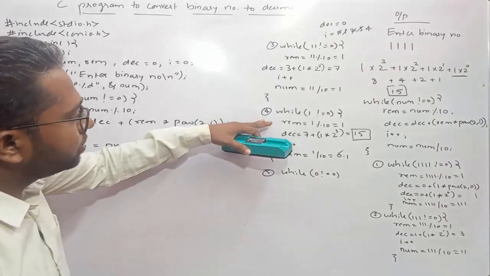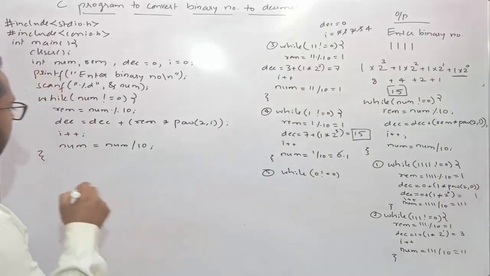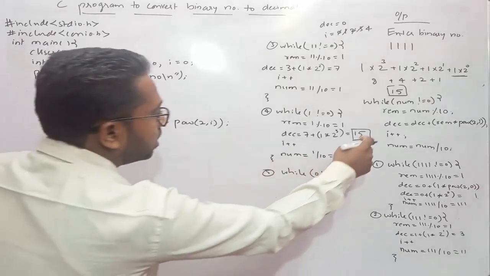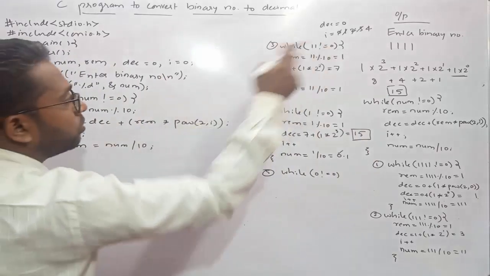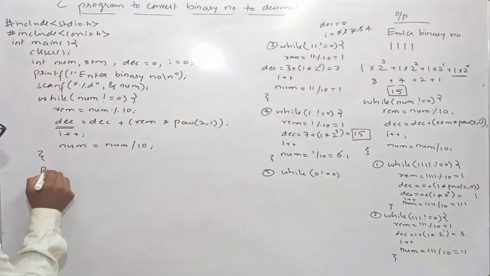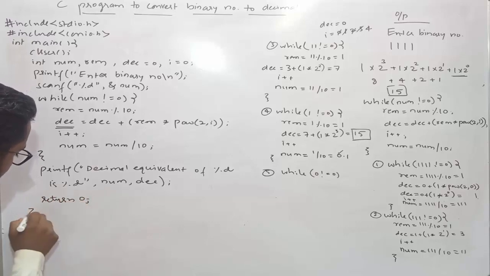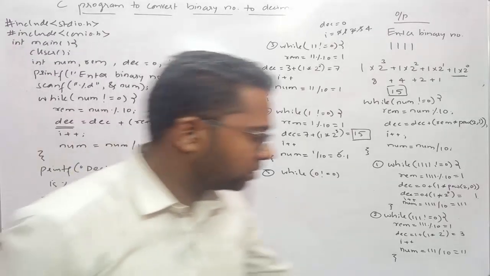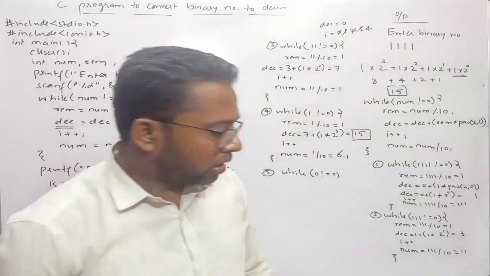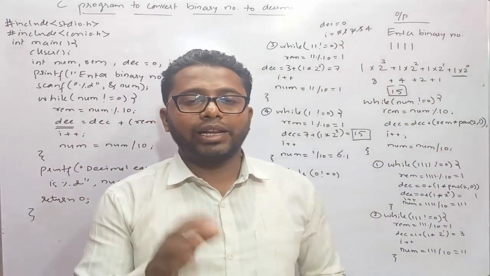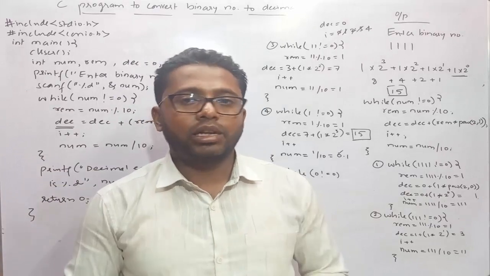After performing these 4 iterations, the value which gets stored inside this decimal will be 15 for that input 1111. So we need to print that. Return 0, close the curly bracket. Okay, so this is how you can write a C program to convert a binary number into its decimal equivalent.